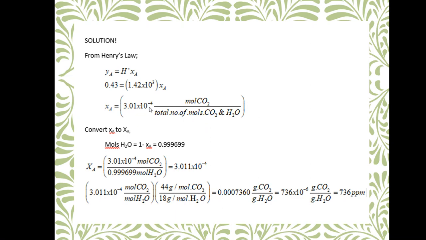By algebra, the moles of water would then be 1 minus this particular value, and that would give us 0.999699. So I am converting now the mole fraction into mole ratio.